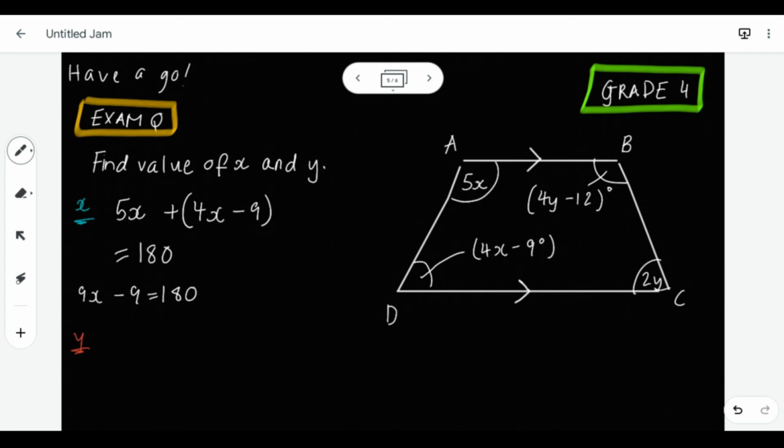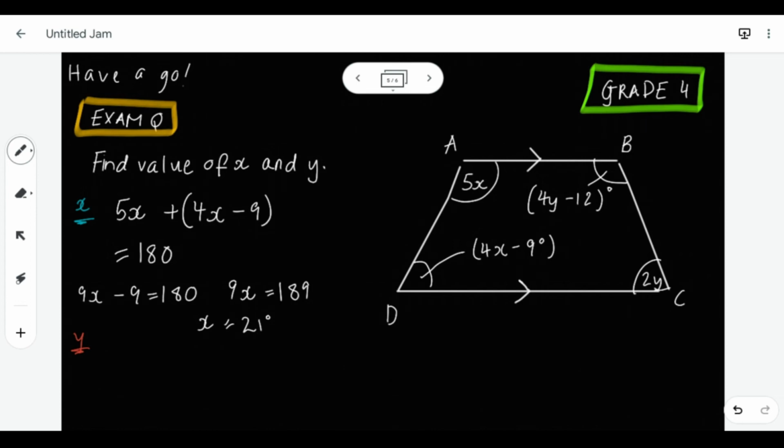Adding 9 to both sides gives us 9x equals 189. And dividing both sides by 9 gives us x equaling 21 degrees. And that's how you would solve for x.